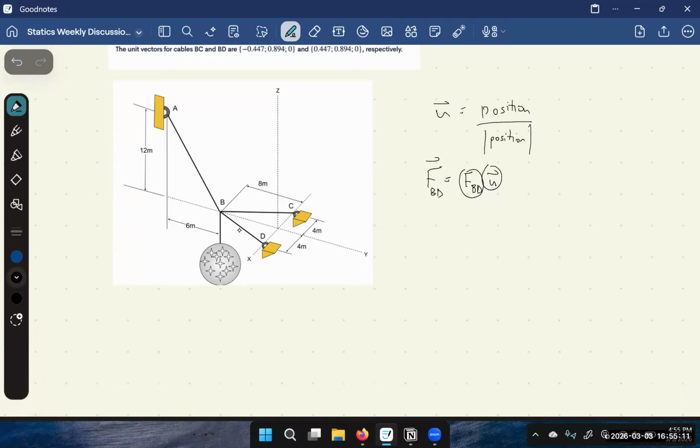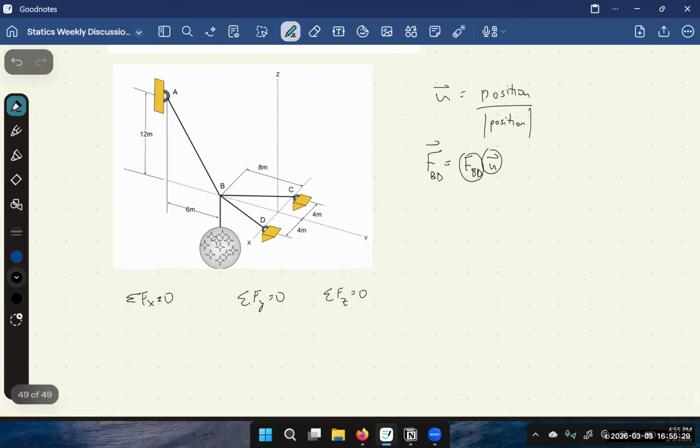I'm going to put it in static equilibrium. So sum of forces in the x direction equals 0. Sum of forces in the y direction equals 0. And sum of forces in the z direction equals 0. We're going to take the cable position vectors. So let's look at FBA.